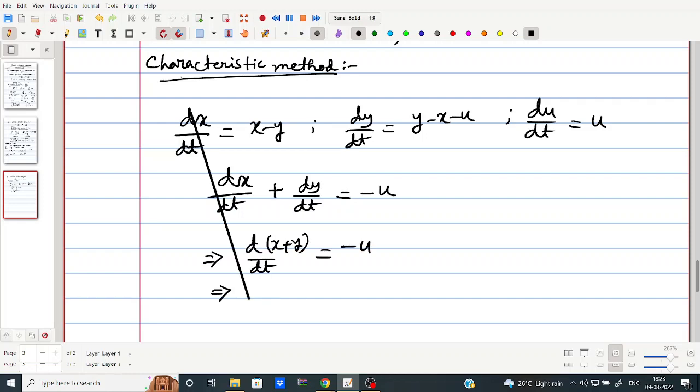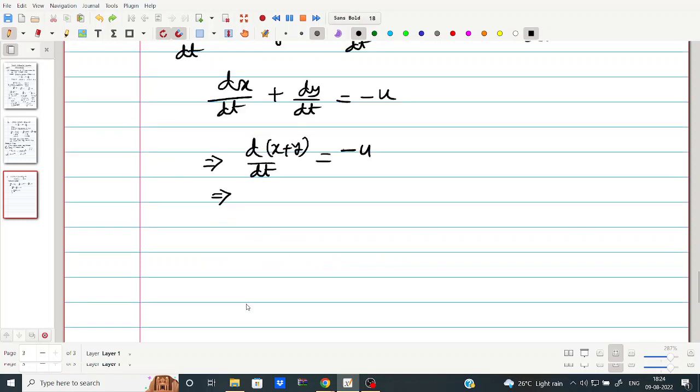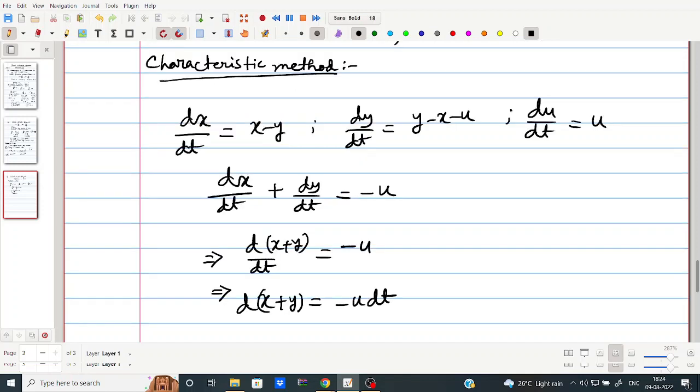Now I integrate both sides. Let me first find u from this equation. du/u equal to dt, so integrating, I get log u equal to t plus log c1.